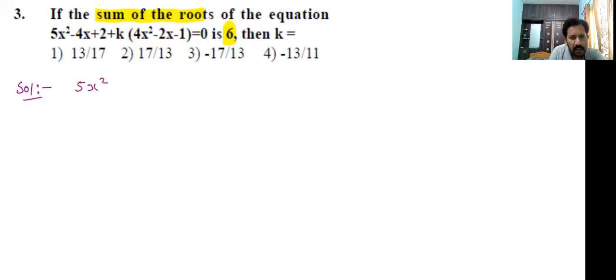5x square minus 4x plus 2, plus multiply with k: 4k x square minus 2kx minus k is equal to 0. Now observe the x square terms. Take x square common.